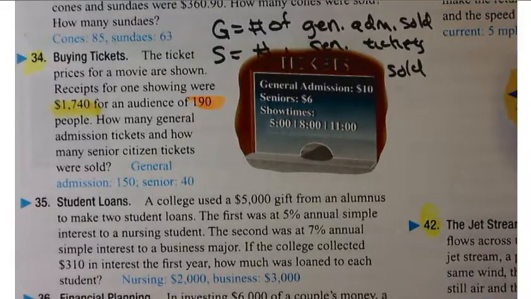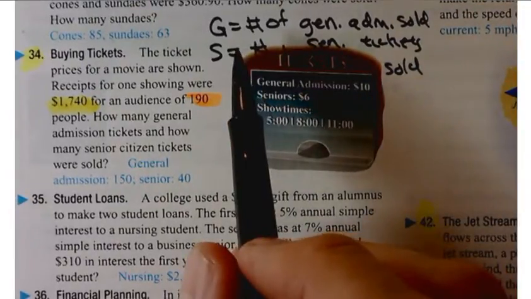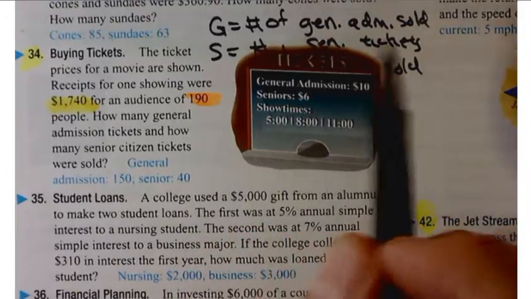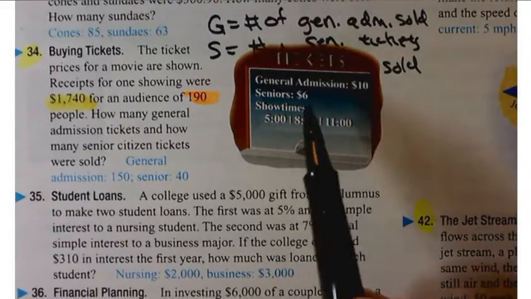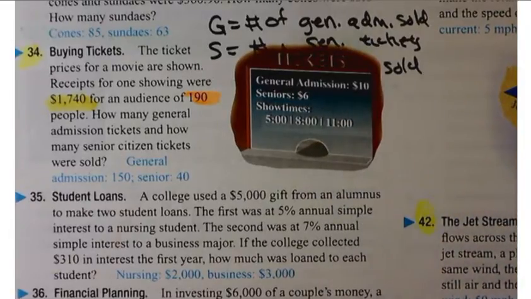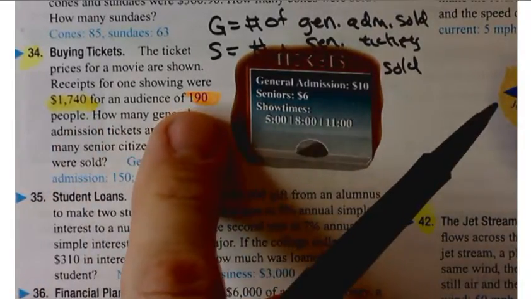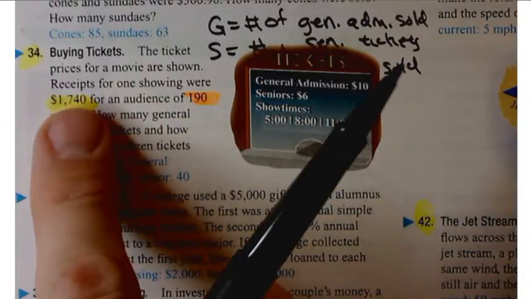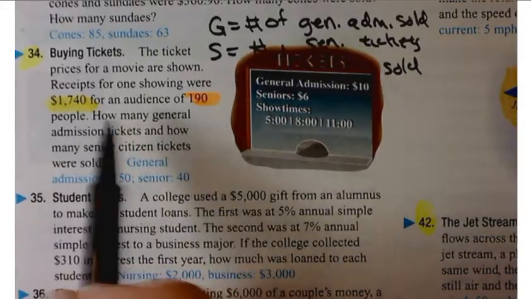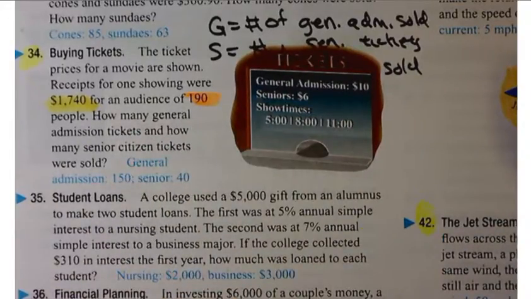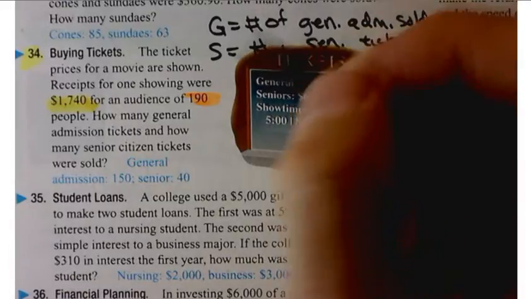So, talking about movie tickets in a theater, and I've already given you some definitions here. G is the number of general admission tickets sold. S is the number of senior tickets sold. So there's 2 prices. General admission is $10. Seniors is $6 per ticket. For a particular show, there was 190 tickets sold at a net receipt of $1,740. Both of these numbers are going to help you come up with some equations. See if you can figure out two equations and two unknowns to solve here.